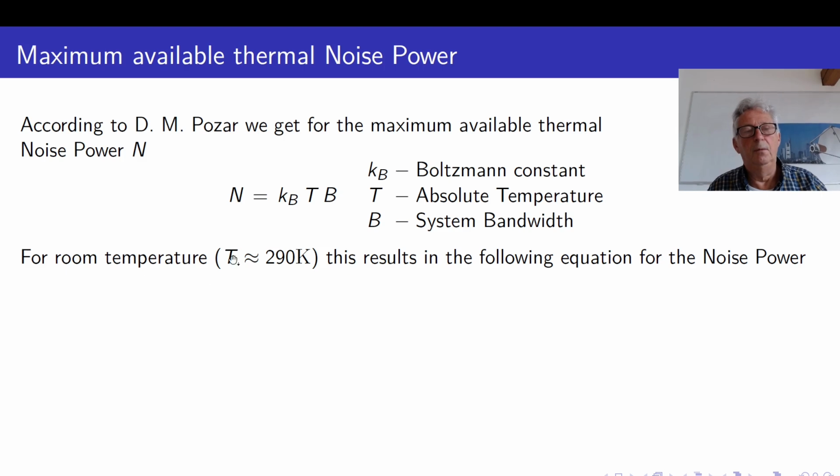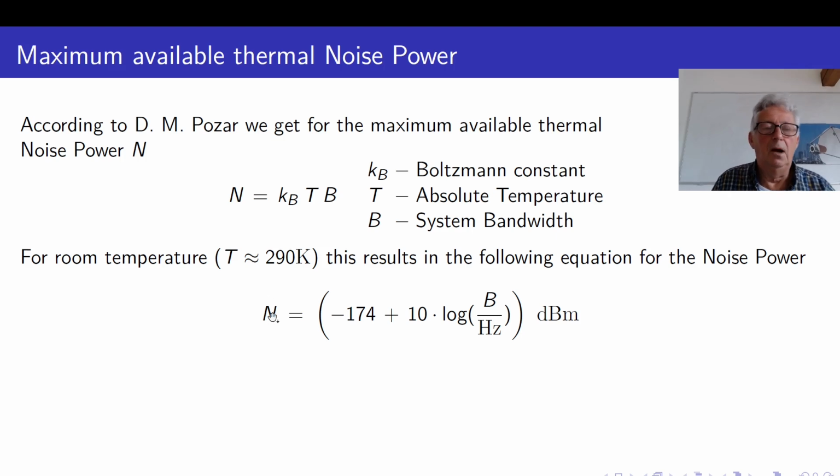So for room temperature, we assume that we have T equal to 290 Kelvin, and we can of course also change this equation into the dB scale, and then we end up in N is equal to minus 174 plus 10 times log the bandwidth with reference to a hertz, and this is the value in dBm.